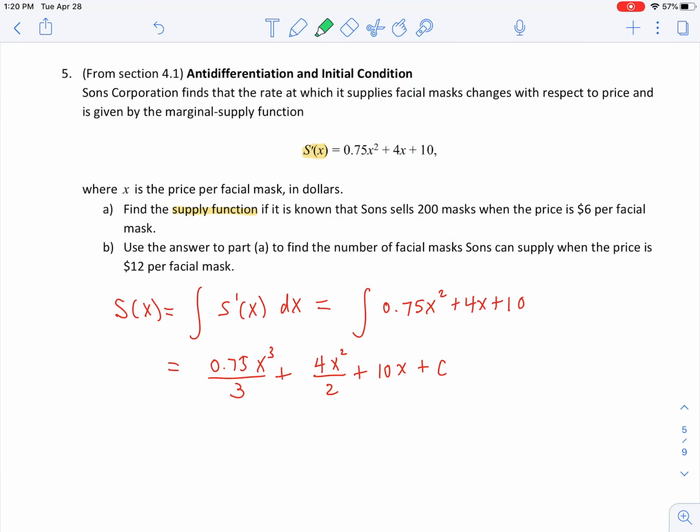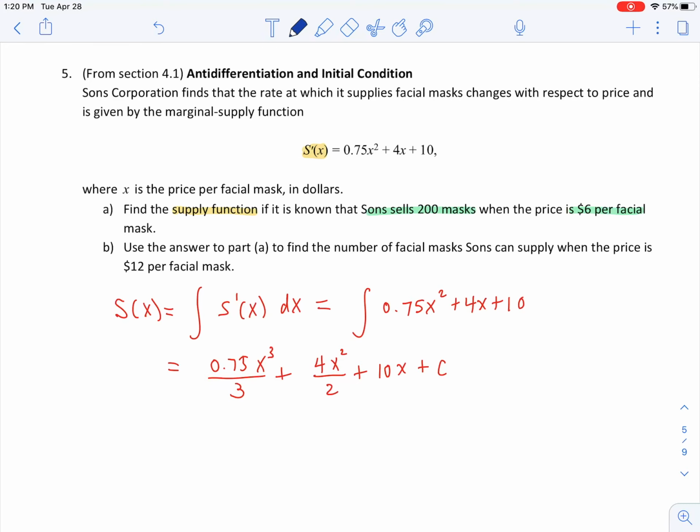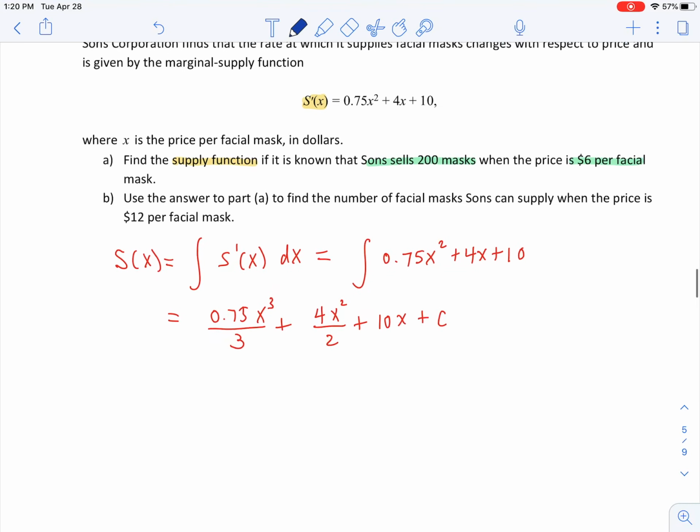And now let's see if they gave us some kind of clue so that we can figure out what C is. Sun sells 200 masks when the price is $6 per facial mask. I guess the wording is kind of off, maybe they should have said Sun supplies 200 masks when the price is $6 per facial mask.